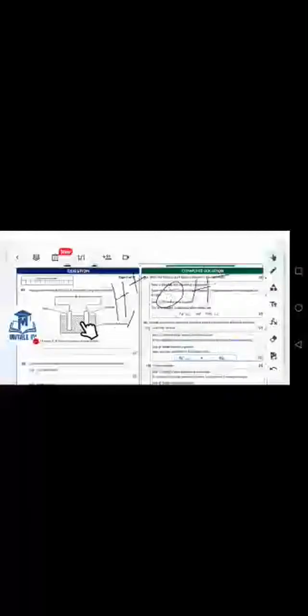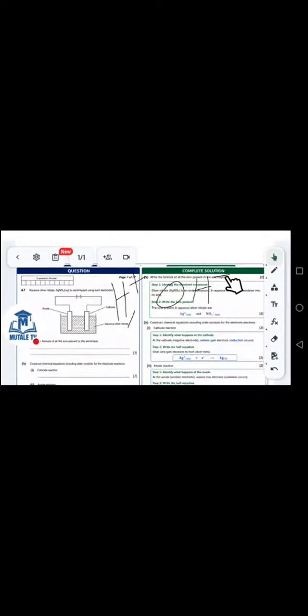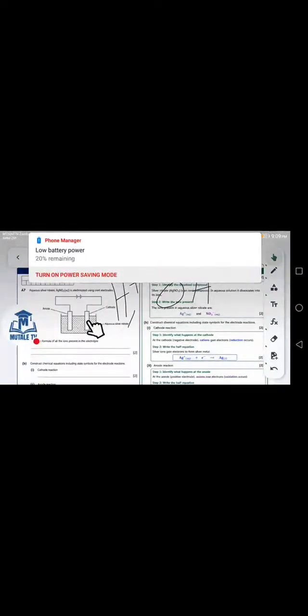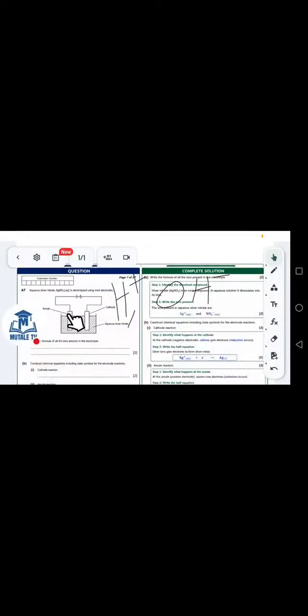So now, how do you determine which ion goes to the anode and which ion goes to the cathode? First, you need to pay particular attention to the charges which these ions have. Nitrate has a negative charge, and hydrogen has a positive charge. What will go to the anode must be something with a negative charge.